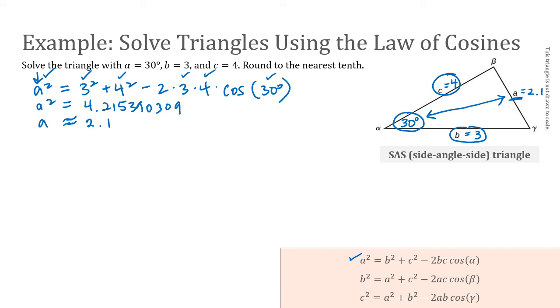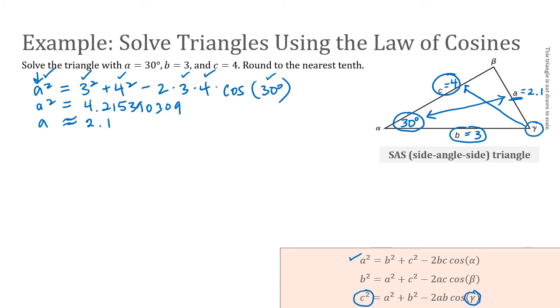Okay, so here is what I would probably do next. I would move over to, let's say, gamma. If I want to solve for gamma, then I'm going to start with the side across from it. And here's what I'm going to write.